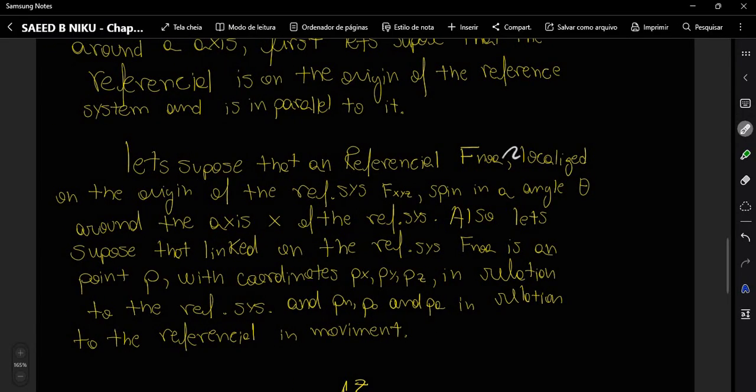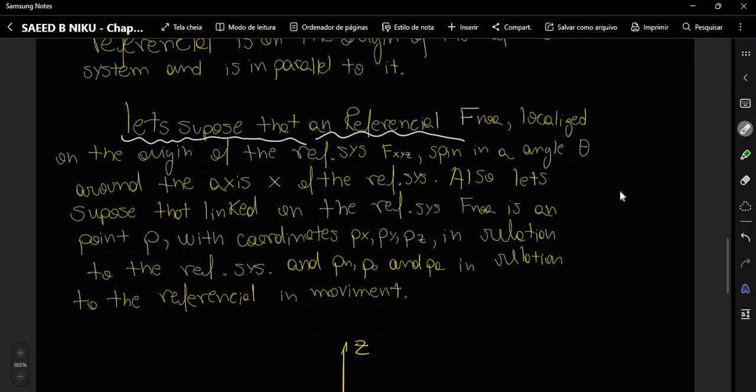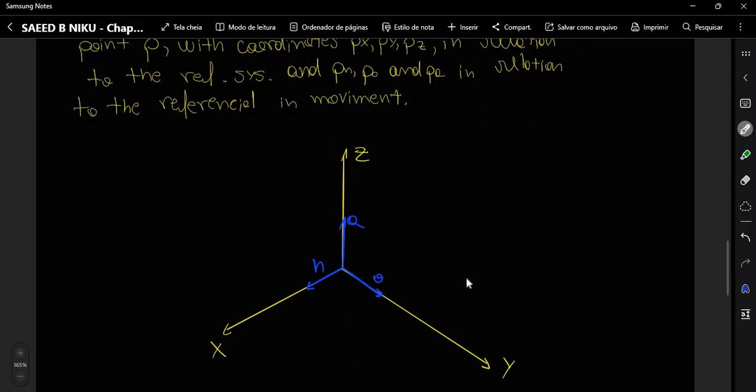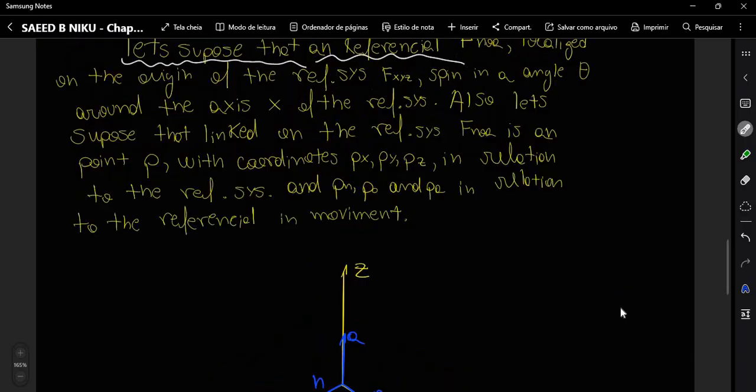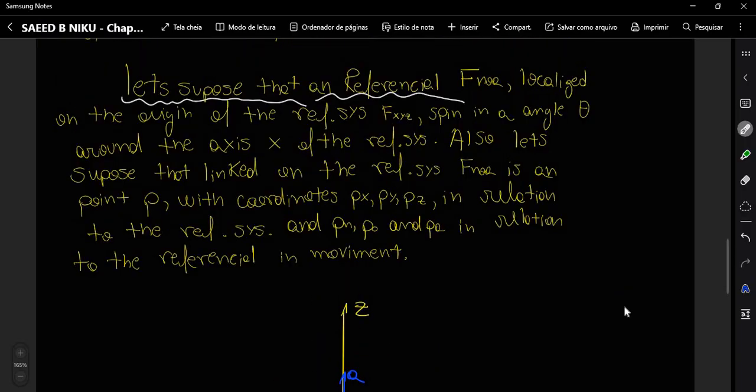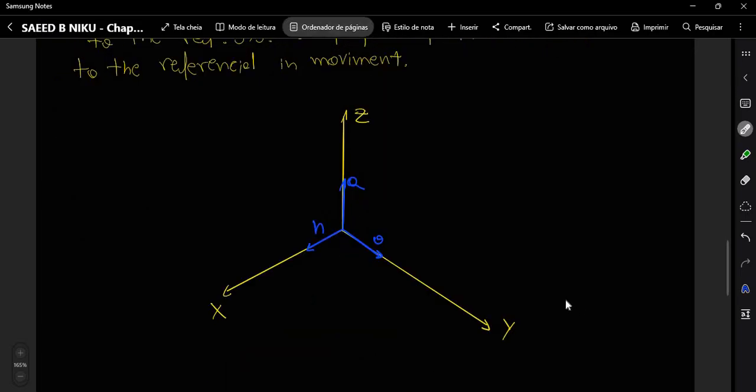Let's suppose a referential F NOA, as you are seeing right here that I've drawn. And this referential system is localized on the origin of the reference system F XYZ.